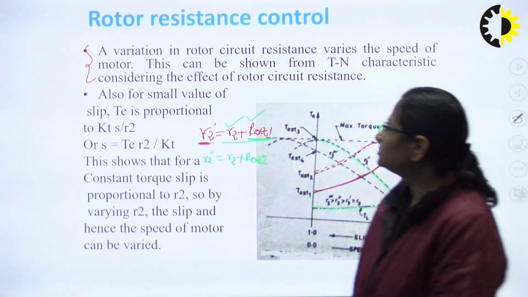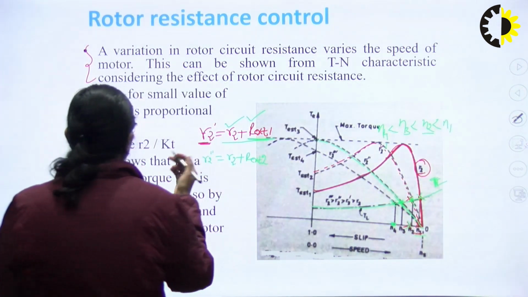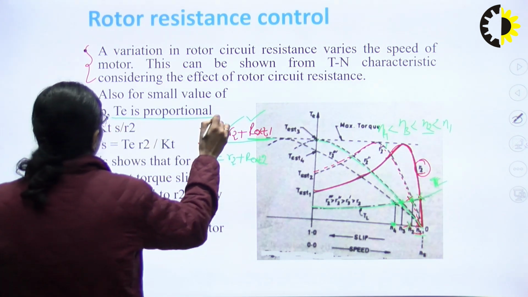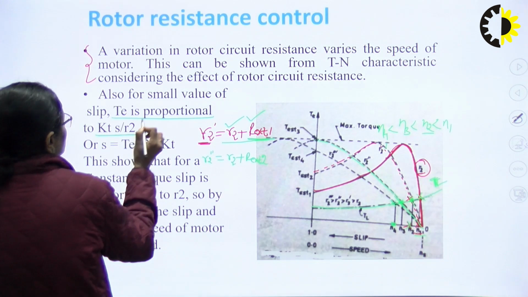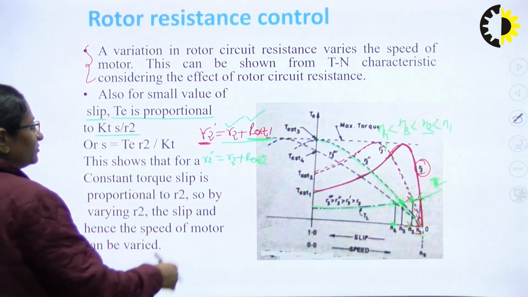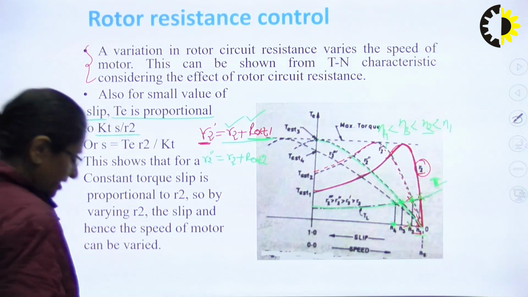Besides this, we can also say that from the torque speed characteristic itself, we know that torque T is proportional to Kt R2 upon S for smaller values of slip. We can modify the torque equation.